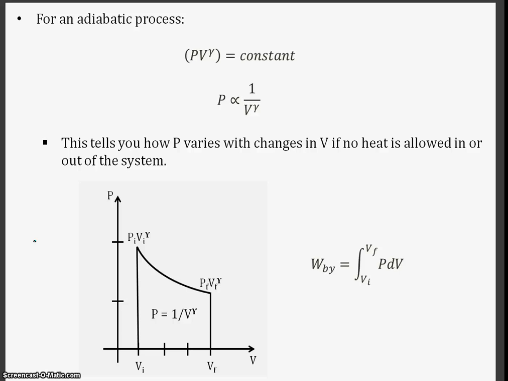Then the question becomes, what is the area under the curve? Is that doable? Of course it's doable because now we have P analytically as a function of V. So we know that P is not just a random thing, but similar to the way we know for an isothermal process what P is as a function of V, here we know what P is as a function of V. It's just a little bit more complicated.